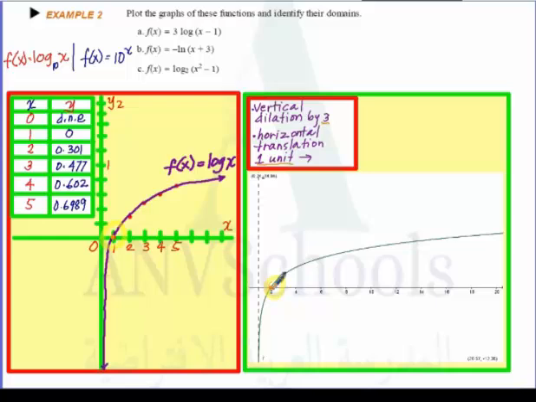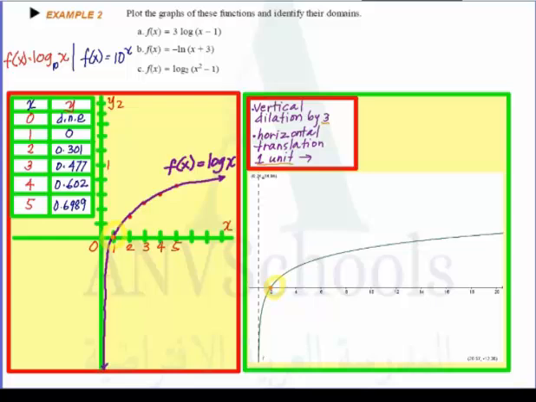In this case, we translated it 1 unit to the right, at the same time dilating it by a factor of 3. Okay, so that means that we are raising, we are stretching technically our function log of x. So this is our graph for f of x is equal to 3 log of x minus 1.